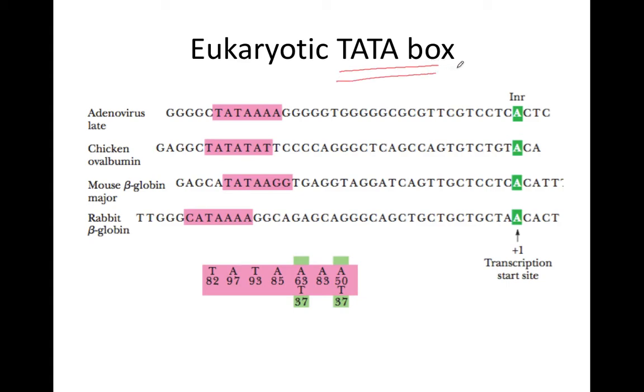So the TATA box is evolutionarily conserved, such that you can see it in adenoviruses, in chicken albumin, in mouse, or in rabbit. So if you say that it's evolutionarily conserved, ibig sabihin, this region has existed for a very long time, and it has not been changed because it was seen to be advantageous to the organism.